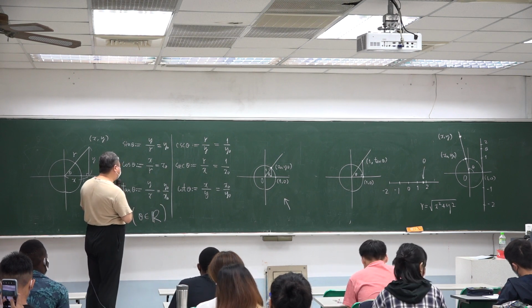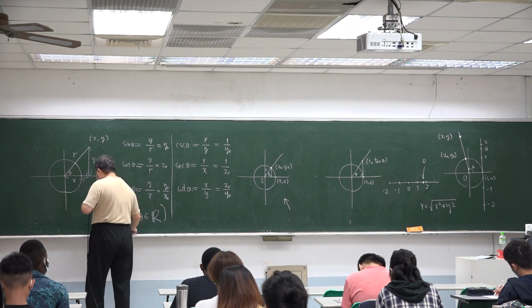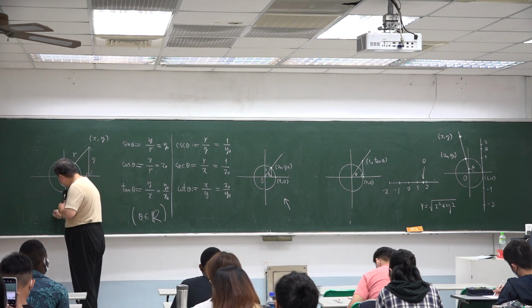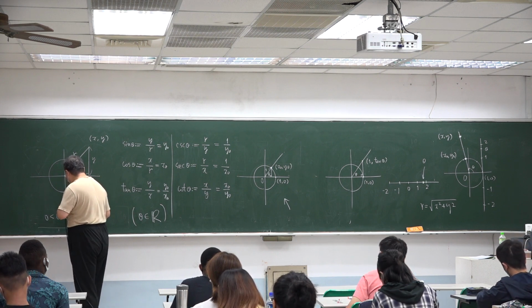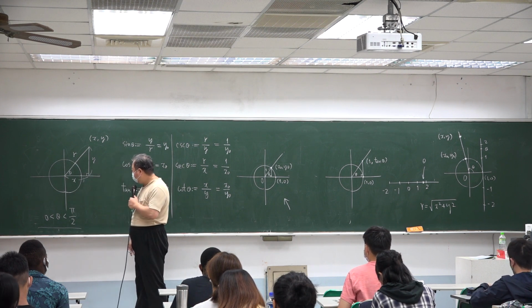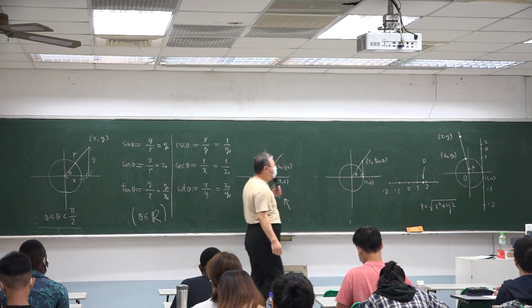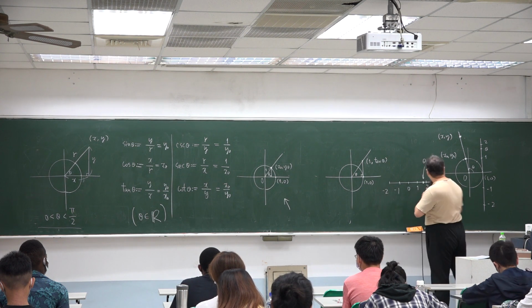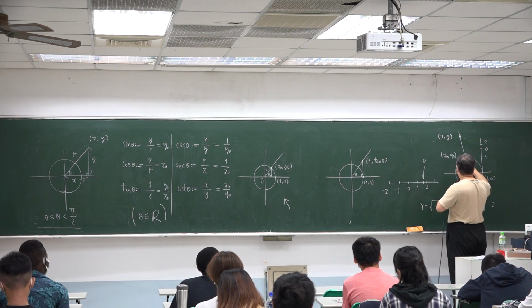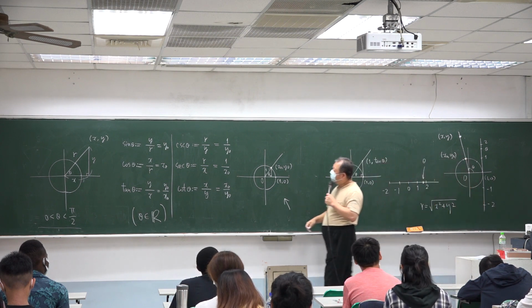This means we generalize the concept of theta only in this interval 0 to 0.5 pi to arbitrary real numbers, because for an arbitrary real number theta, we always can find a point here. We only use these two numbers to define what?